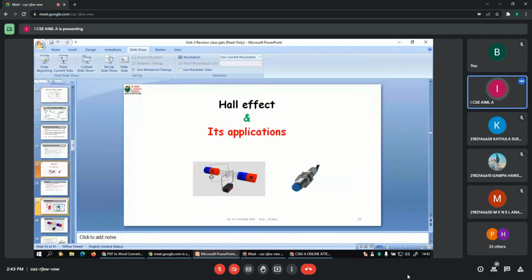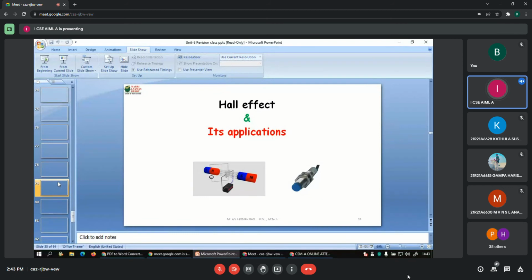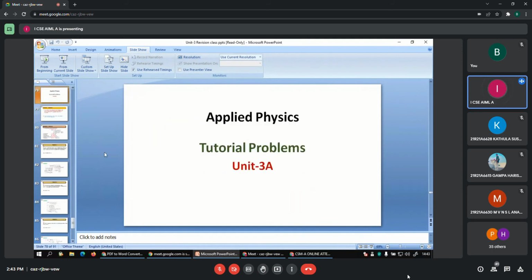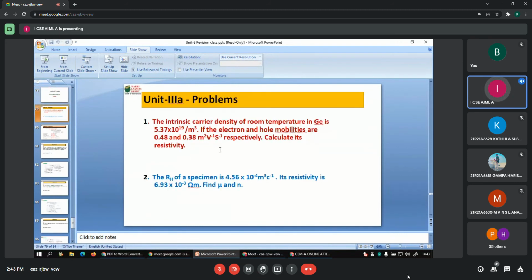Now the question is, what problems can be expected in this? That we will see here. Let me go down. We have already solved these problems. In Unit 3A, this is one question which we already solved virtually in the last session's tutorial problems.